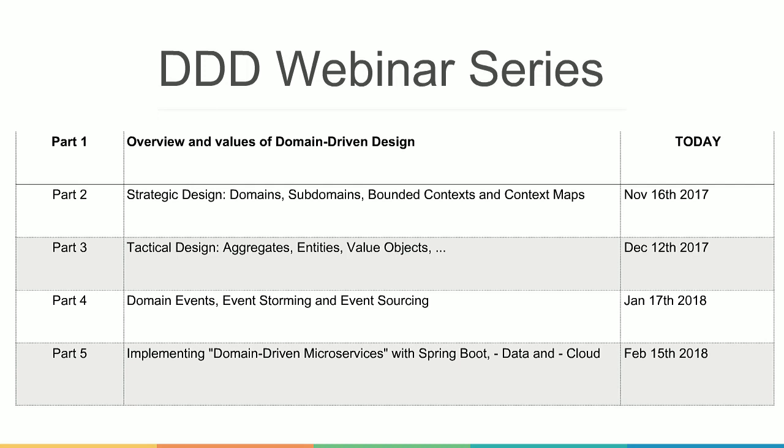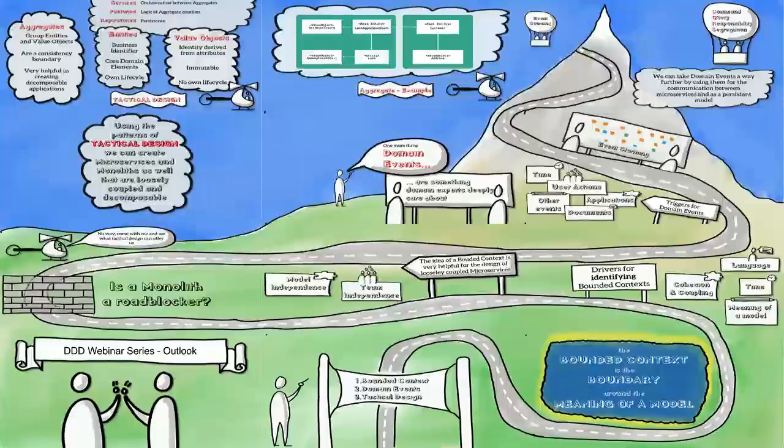Part 3 will be about the tactical design, aggregates, entities, after that domain events, and then we'll look at implementing all these things. There is a high mountain that we have to climb, and the outlook is about the bounded context, the tactical design, domain events, and finally Spring Boot as well, to implement that.